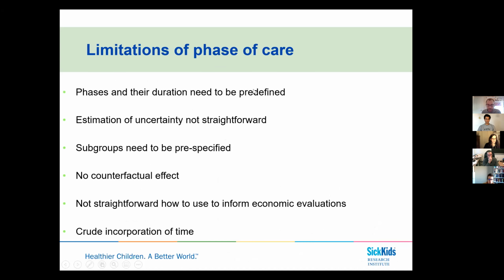So the phases and the duration of those phases need to be predefined, and then your estimation of uncertainty, when you want to measure not only what's the burden, but also what is the uncertainty around your estimates of the burden, is not straightforward because of the way that the process has been dissected into smaller steps that are not easy to put together. And if you want to study subgroups, it's not very easy to do so without new methods.